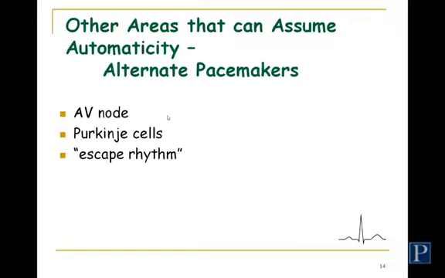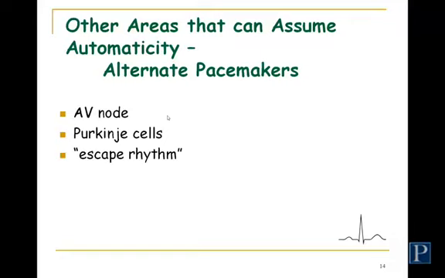The ventricles will contract at a slower rate, anywhere from 40 to 60 beats per minute. What we have is what we call an escape rhythm. The AV node has escaped from the dominance of the SA node and has created a new rhythm, a ventricular rhythm. So these ventricles are contracting at a different rate than the atria, and that is, believe it or not, relatively common.